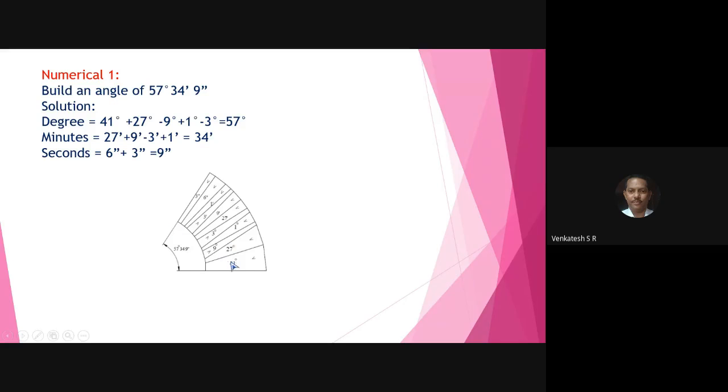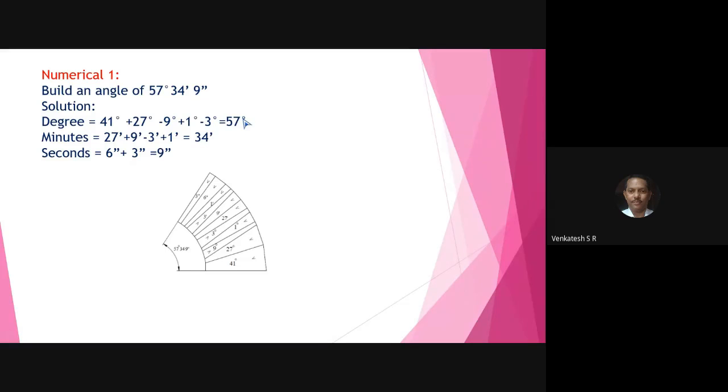Say here, first set the 41, then 27, and keep the 9 degree angle block in the reverse direction. Then add 1 degree and again deduct 3 degrees in the reverse direction. That makes you 57 degrees.